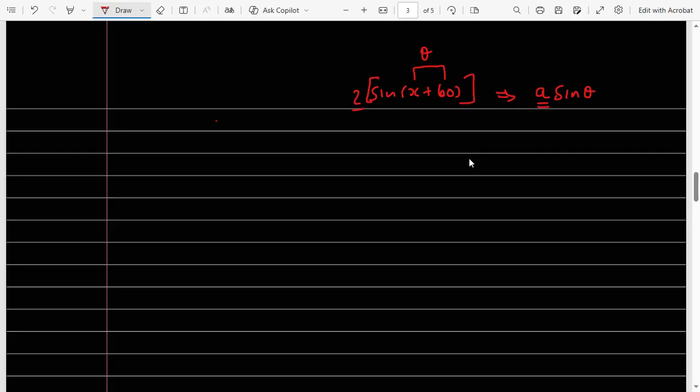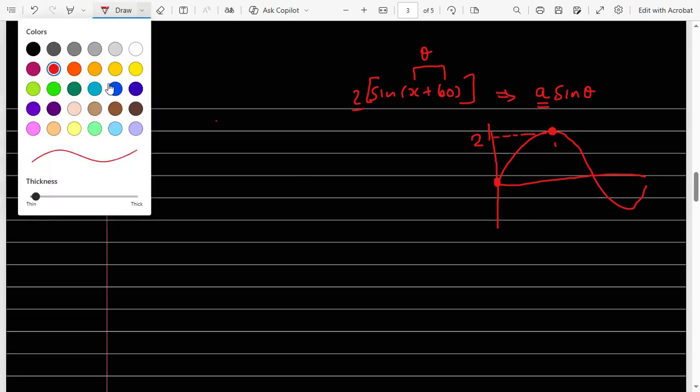What is the amplitude? It tells you the maximum value because the graph of sine looks like this. So when it looks like this, it's going to start at 0, then it moves up like this. So the value of a is the amplitude. So this point here is 2, which is the maximum value. That's why this question is 1 mark.